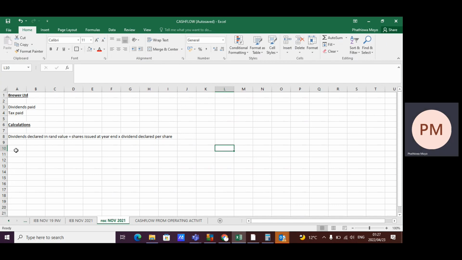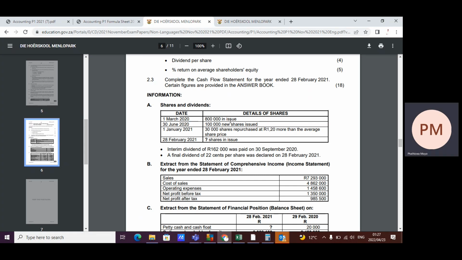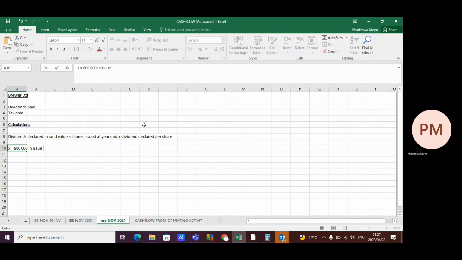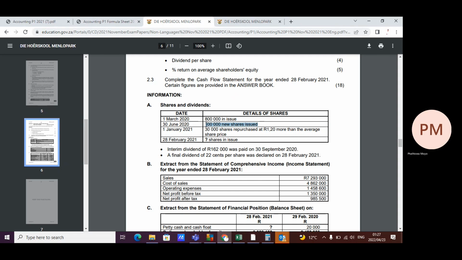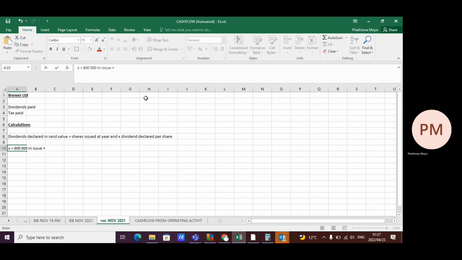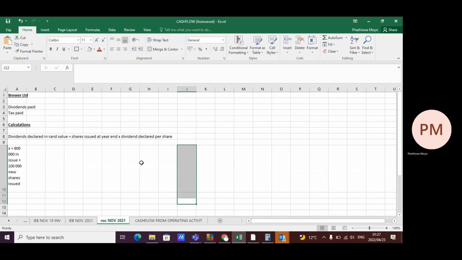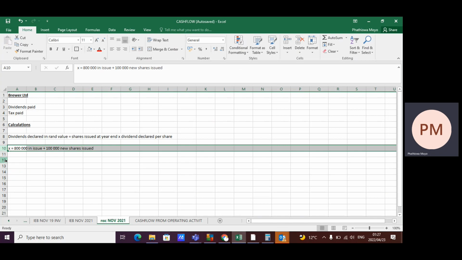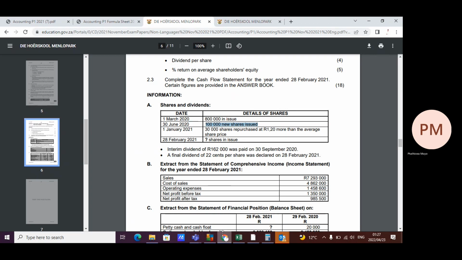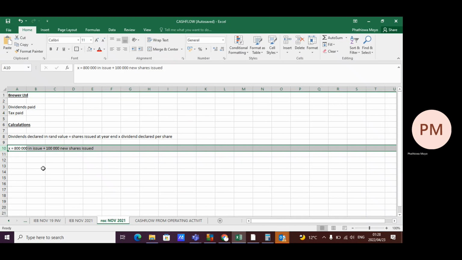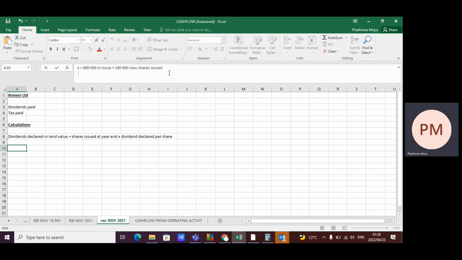Awesome. So x equals shares at the beginning, less 30,000 repurchased. If it's a repurchase, we subtract.